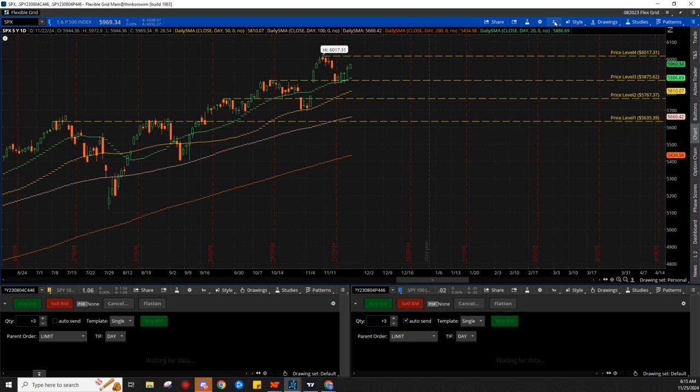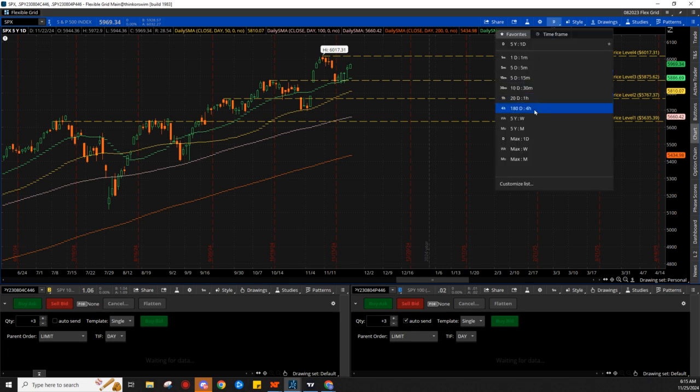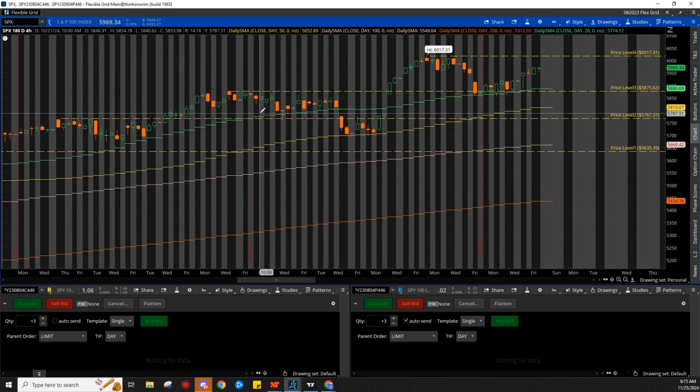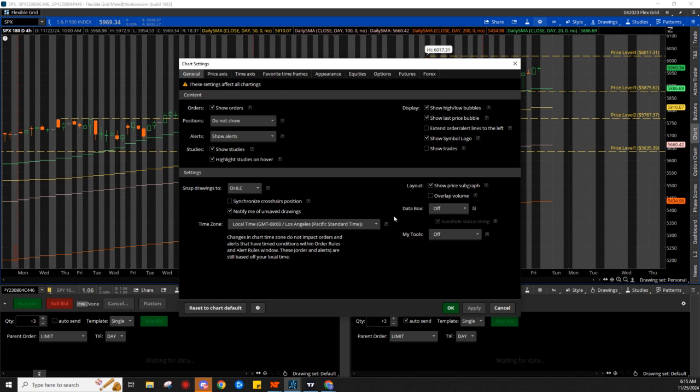Alright, so now we're going to go into time frame. That would be a shortcut for after hours. Where is it? Show high low, show logo. Sometimes you just don't see it.